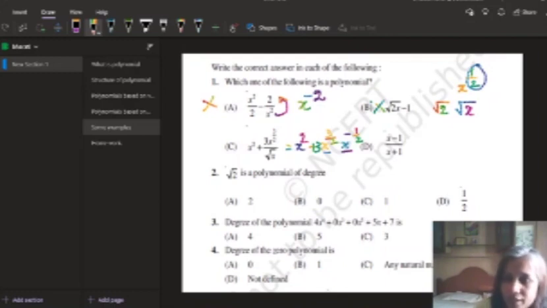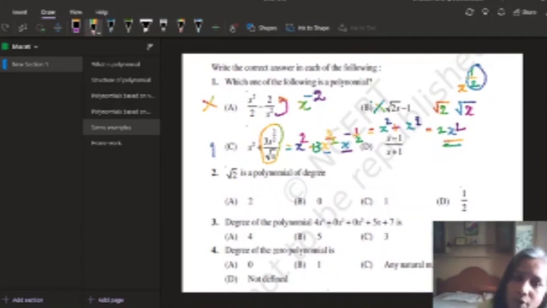What I'll get is 2. It means x square plus, by simplifying this whole term, we have got one more x square. So totally we have 2x square. It means it is a polynomial. Then there is no necessity to examine the last one, as we have got the answer. So C is the answer.